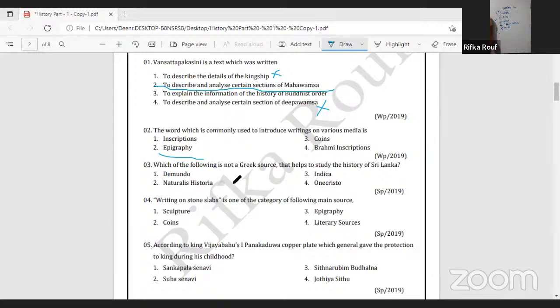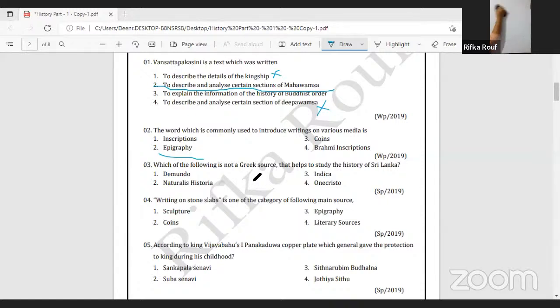Which of the following is not a Greek source which help us to study the history of Lanka? So children, I told you that a number of writers from different nations have included the information about our country in their text.